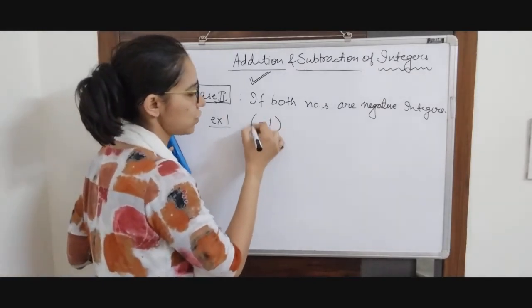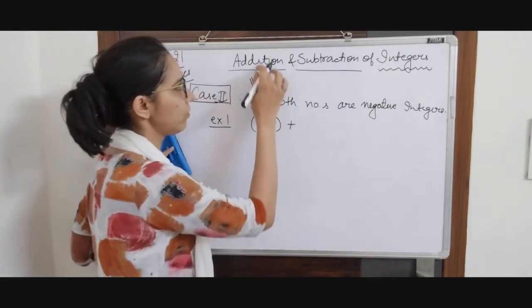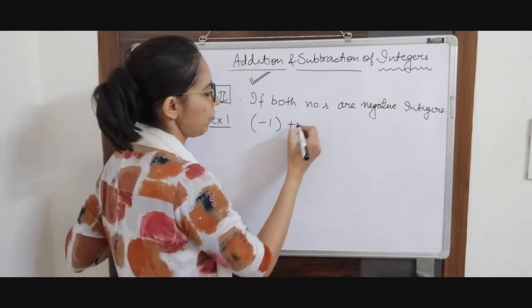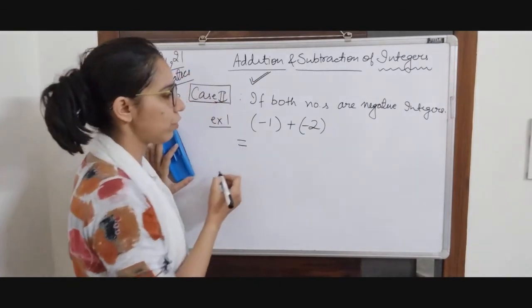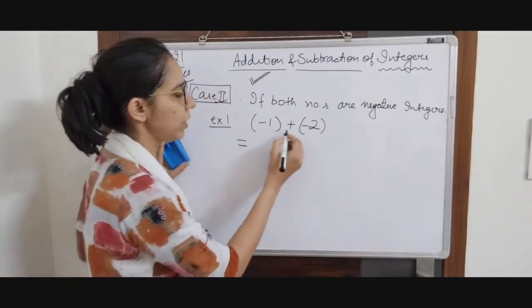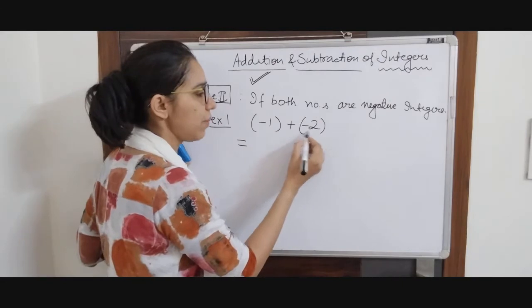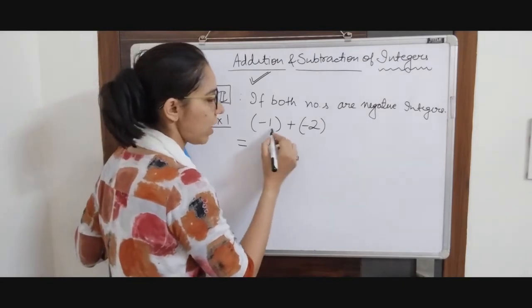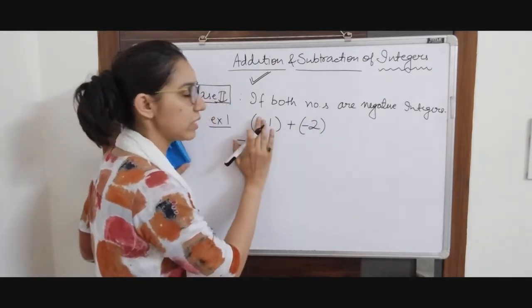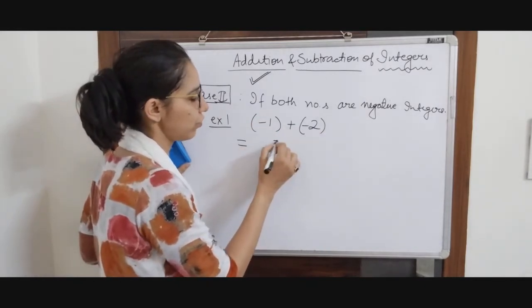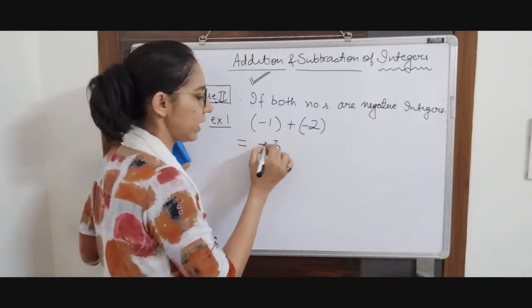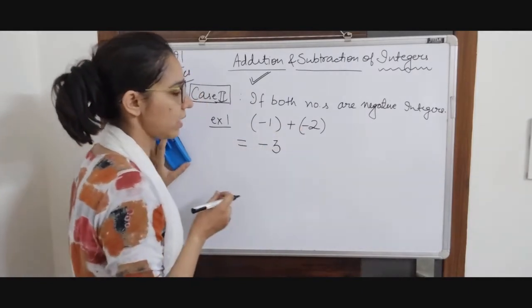Suppose minus 1 and you are adding, we are doing addition, plus minus 2. What we will do, it will be sum of these numbers 1 and 2. Forget about the sign and just add the numbers. 1 plus 2 is 3, and then put the negative sign because both the numbers are negative.